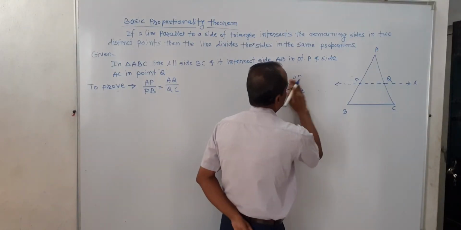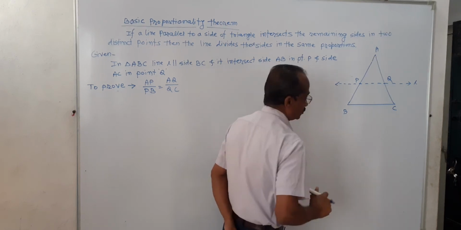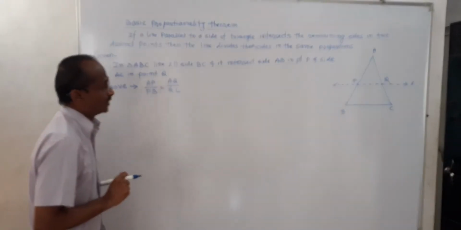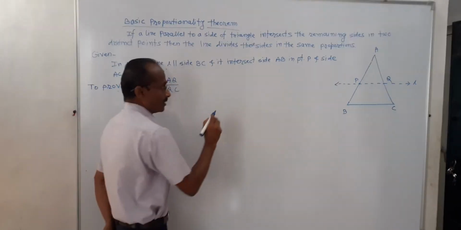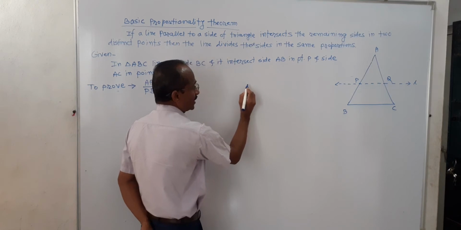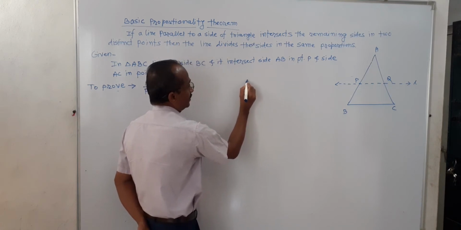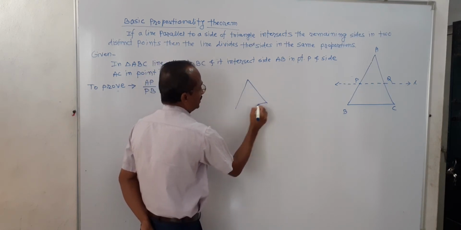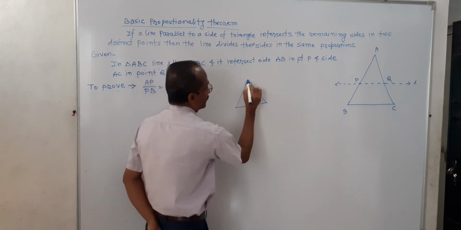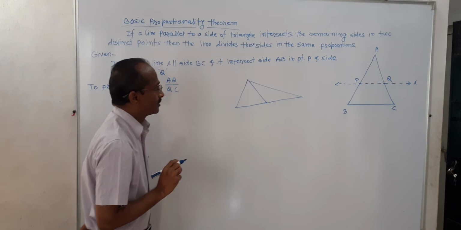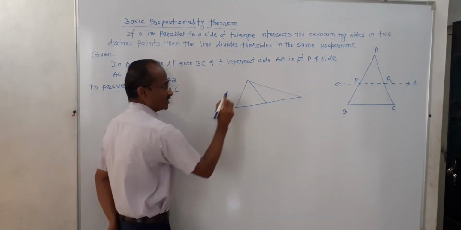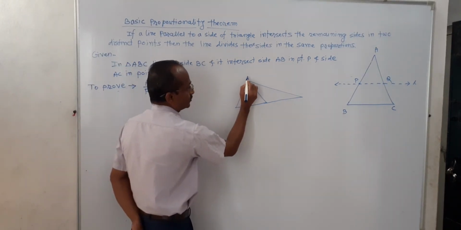Now for this purpose, we have to use the previous properties, that is the properties of the ratio of areas of two triangles. We know that if the heights are equal, then the ratio of areas of two triangles is equal to the ratio of their corresponding bases.